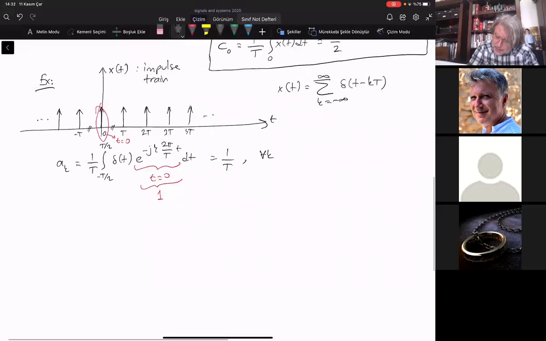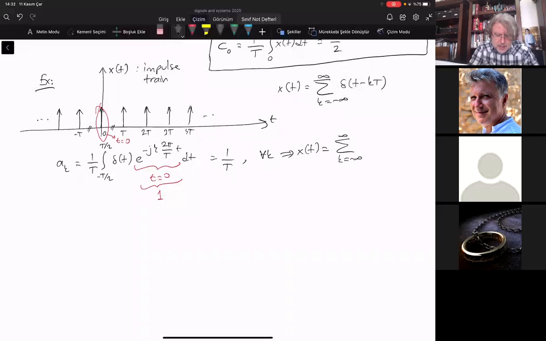which makes a different definition of x of t using the Fourier series coefficients. You remember that? For all k from minus infinity to infinity, what was it? It was ak times the harmonic.